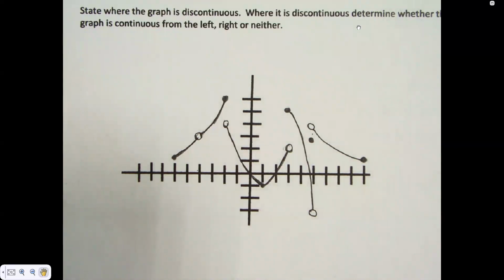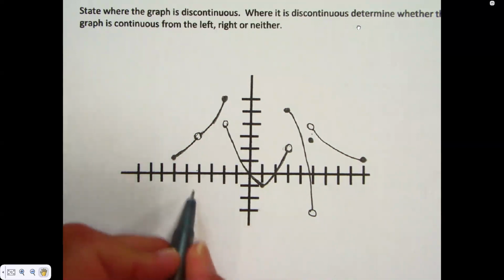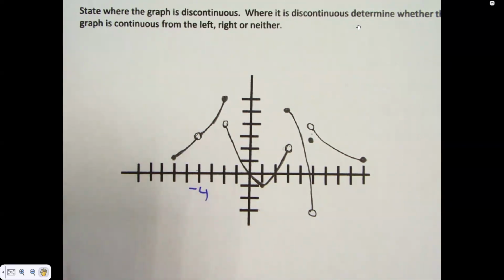All right, who wants to give the first discontinuity? Someone's got to try. Perfect, perfect. She said there is 1, okay. 1, 2, 3, 4. This is -4. There's a hole there. Perfect. So x equals -4.